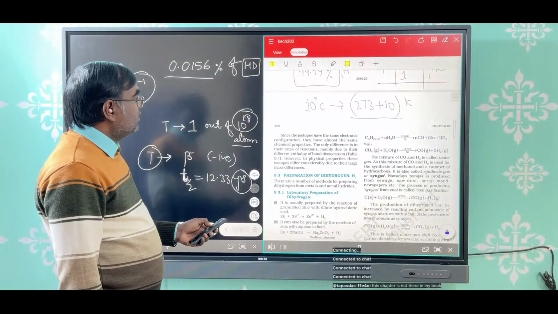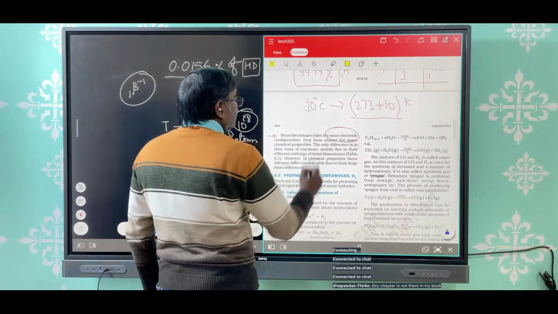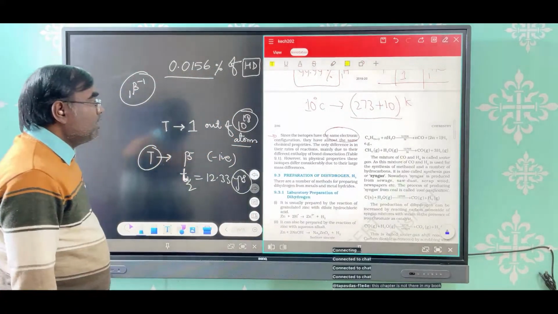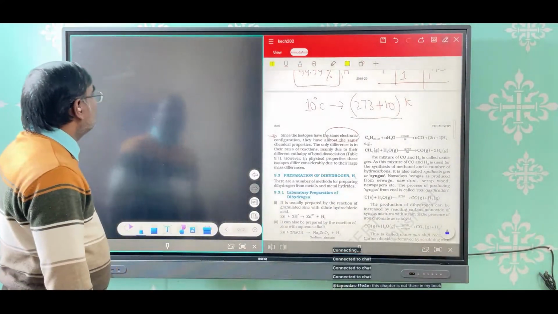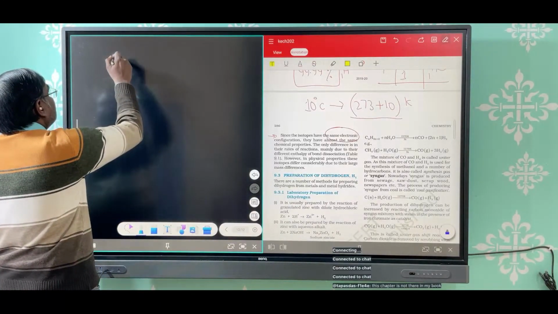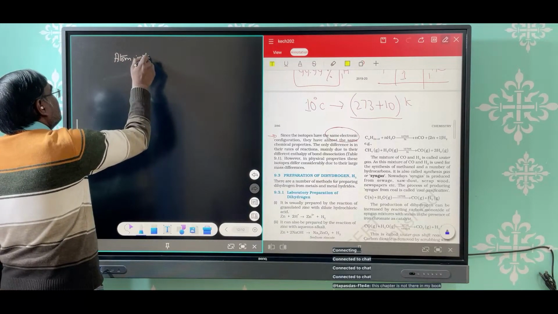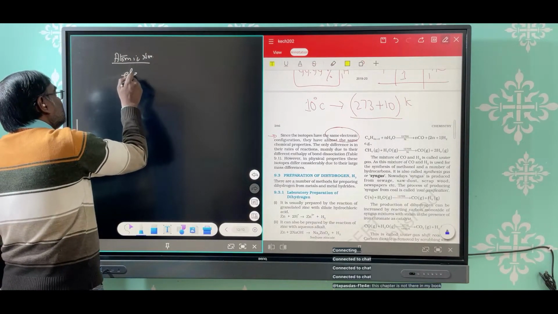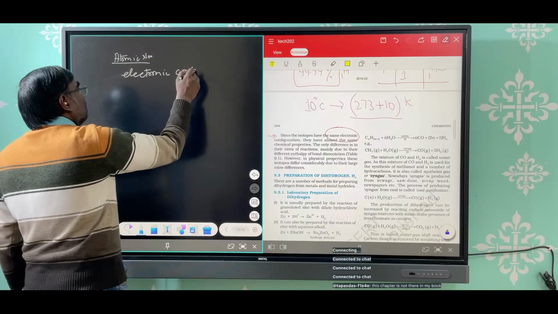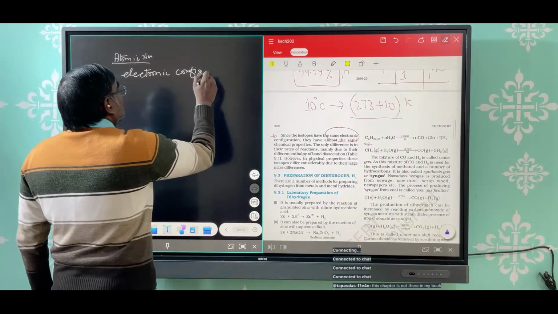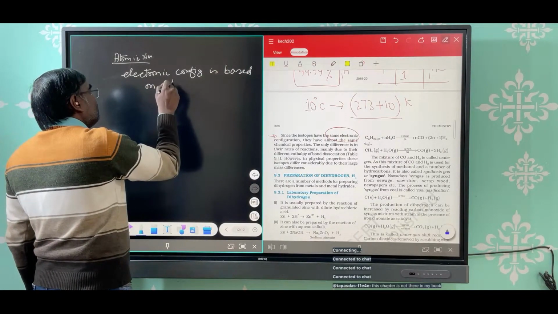Let's move further. Now the point is, since the isotopes have the same electronic configuration, they have almost the same physical and chemical properties. Same electronic configuration means why? When you write the electronic configuration, that is based on the atomic number only. It may be asked in the exam.